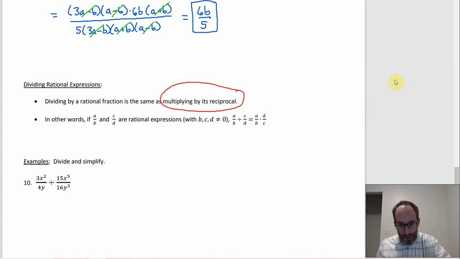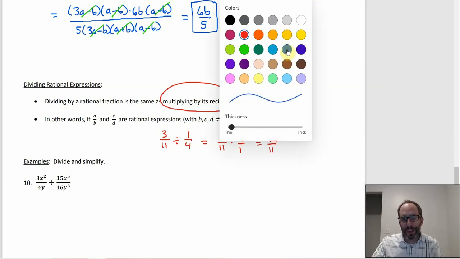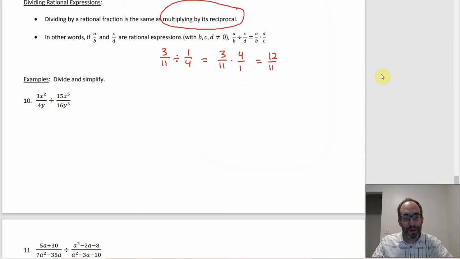Like if you were going to, let's say, divide 3/11 by 1/4, then that would be the same thing as 3/11 times 4/1. So you'd get 12/11. And that's pretty much what you do, except that they're variables. But it's that same concept.